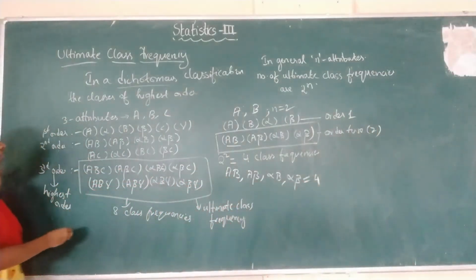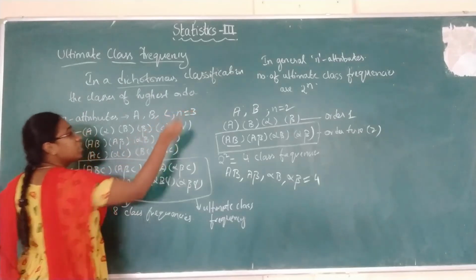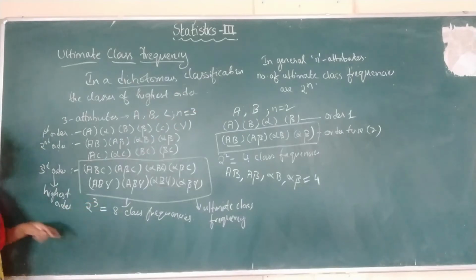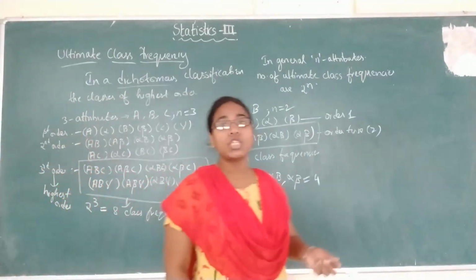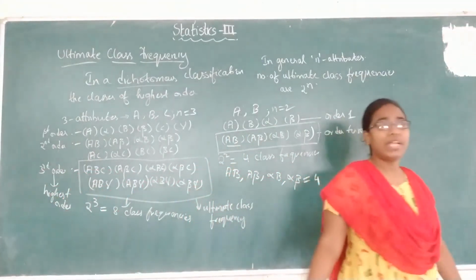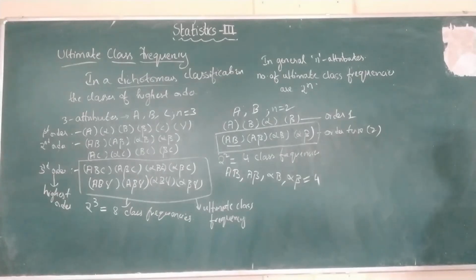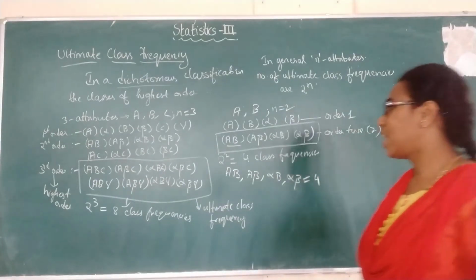Similarly here, what is the n value? Here I have considered n equals 3. So 2 power 3 is 8. You got 8 ultimate class frequencies. So this is about the ultimate class frequency, that is, in a dichotomous classification, the classes of the highest order are called the ultimate classes and the corresponding frequencies are called the ultimate class frequencies.